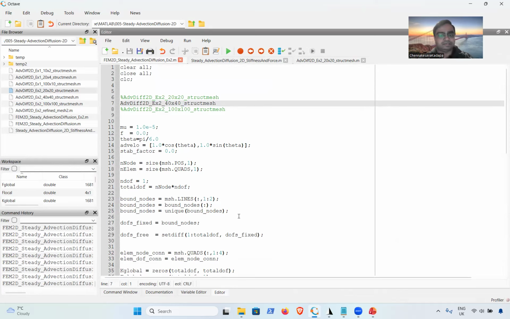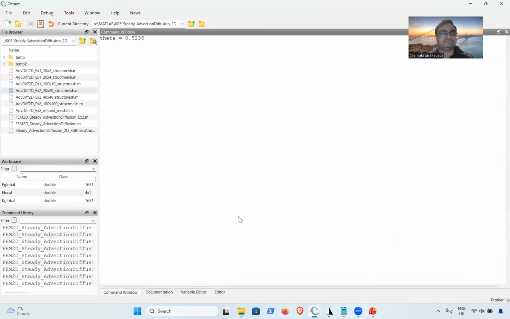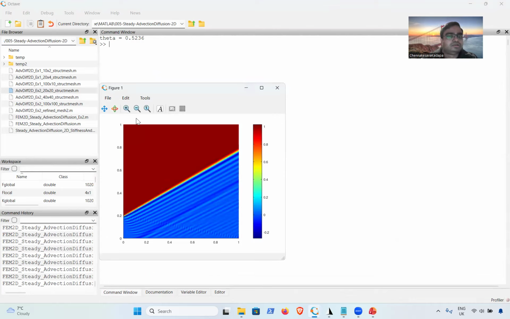And with a 100 by 100 mesh, this takes a little while because the mesh is fine. So we have about 10,000 degrees of freedom, and I'm using dense matrix algebra, so it is a little bit more expensive. Okay, we have the solution.